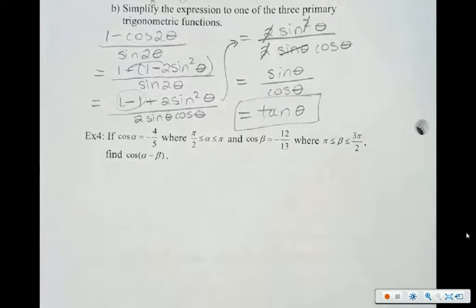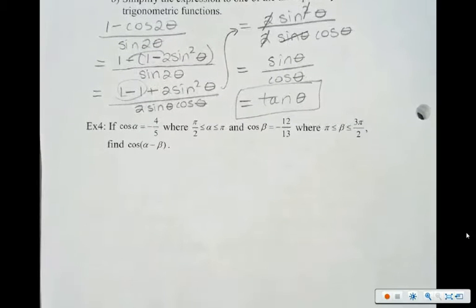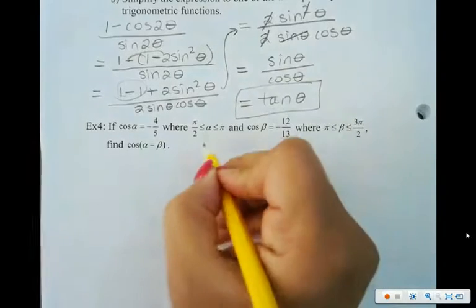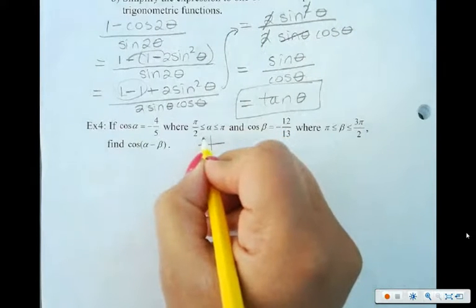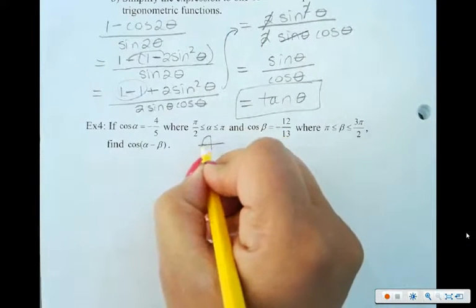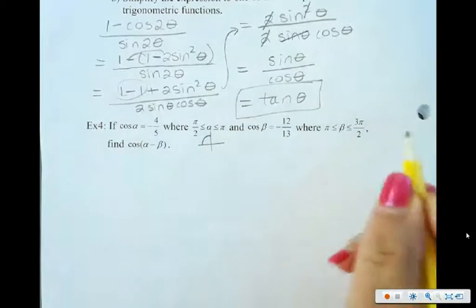Okay, so example 4. If cos alpha equals -4/5, where alpha is between pi by 2 and pi, what is that referring to? The second quadrant, so that's between here and here.